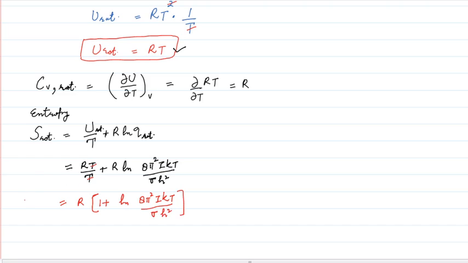So this will be our rotational entropy. This is the equation for this case.